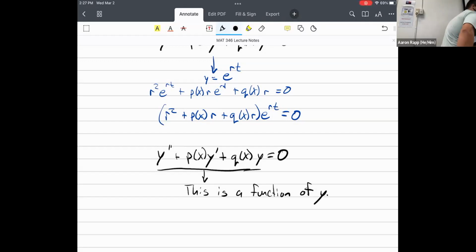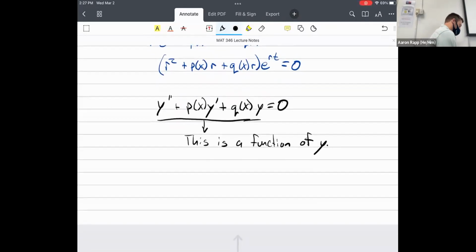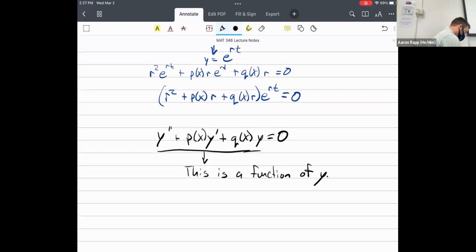So I can actually rewrite this, in the sense that this is just a function of y. Now, one of the things we like to do to help us recognize, especially in differential equations, that we're talking about a function of the solution of a differential equation, is we're not going to use the parentheses function notation, just to help us differentiate a little bit.